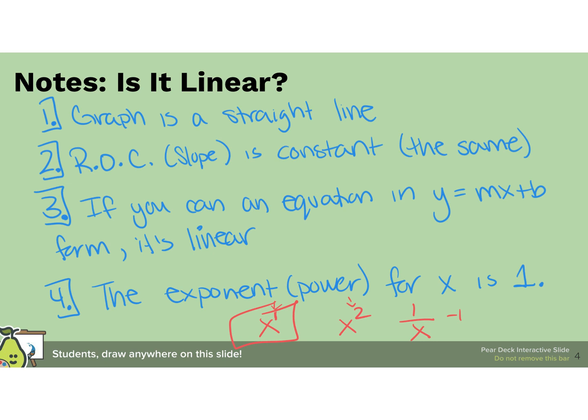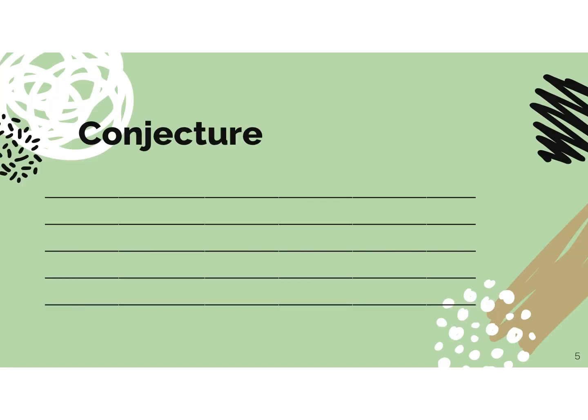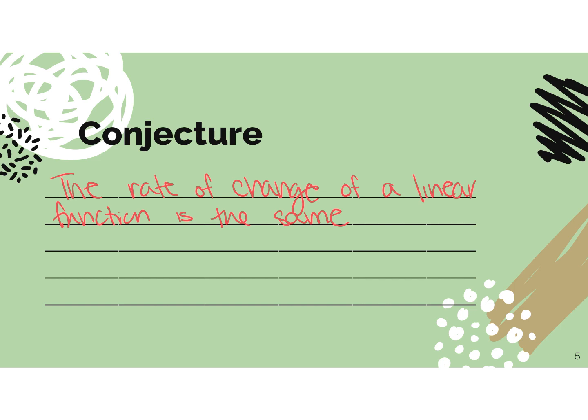So let's go and write our conjecture next. Today's conjecture is very simple because we've already talked about it. The rate of change, I'm going to write it out here, of a linear function is the same between any 2 points.